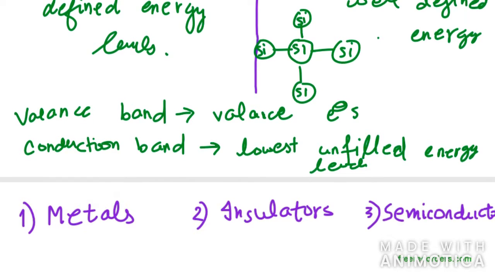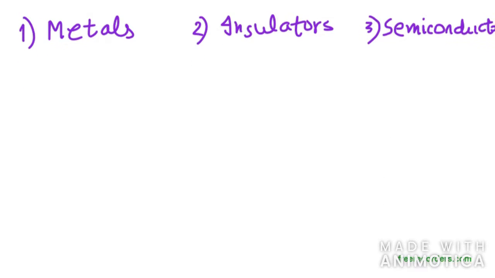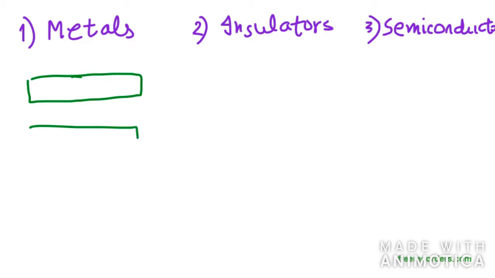So let's start with metals. Metals come under conductors. In metals, the valence band may be completely filled and the conduction band partially filled, with an extremely small energy gap between them. In the first case, let us make the valence band and the conduction band.